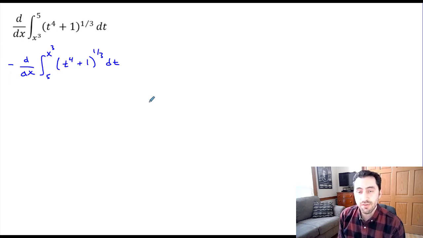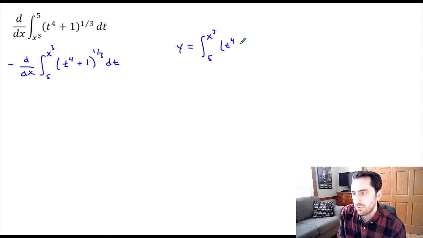So I'm going to write everything out here the way that we've seen the chain rule before, just to give you an idea what's happening. So I'm going to define y as this integral from 5 to x cubed of t to the 4th plus 1, and then to the 1/3 power, and then dt. And then I'm also going to say let u equal x cubed.